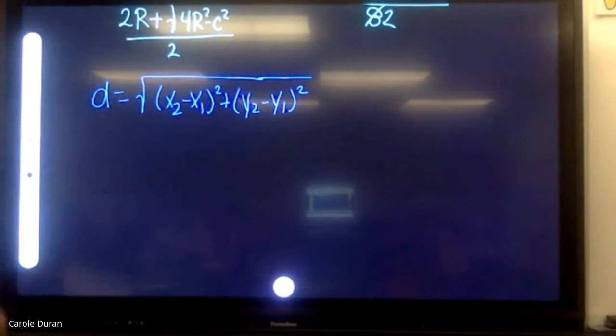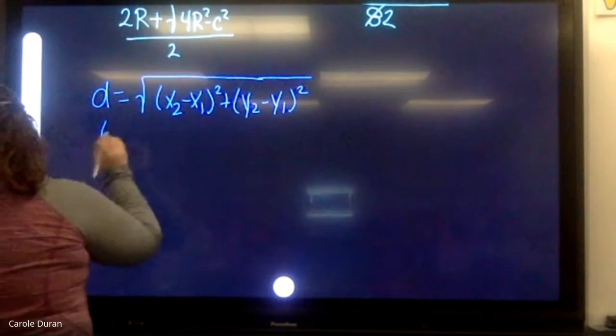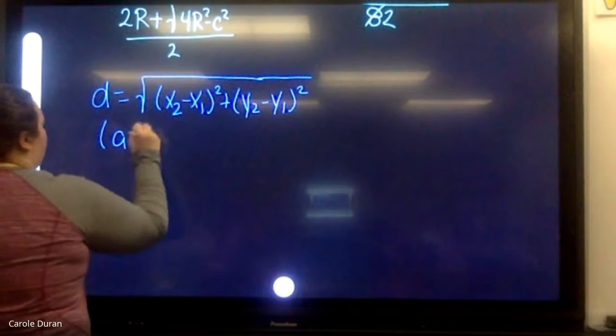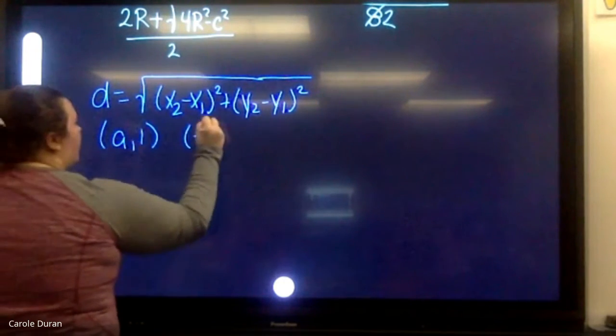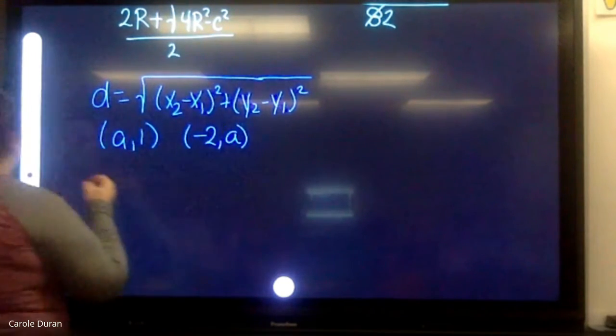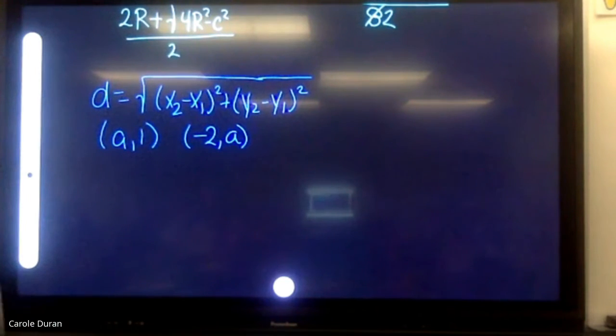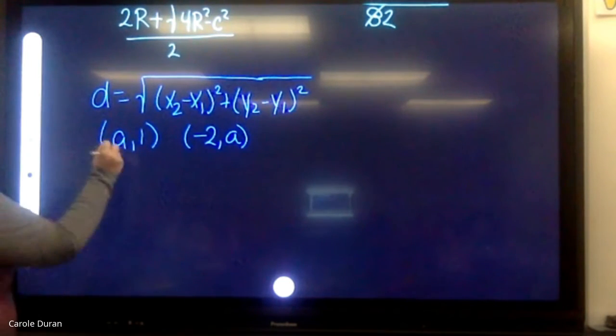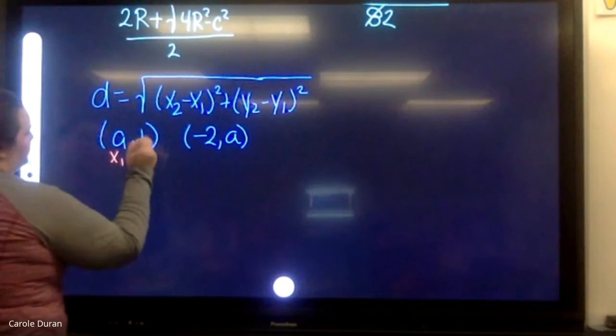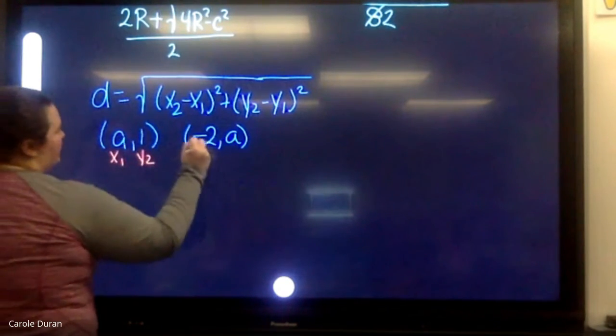The 2 points that I was given in the problem are A1 and negative 2A. It doesn't matter which one of these you apply to be point 1 and point 2. So I'm just going to say that the first one is x1, y1, and the second one is x2, y2.